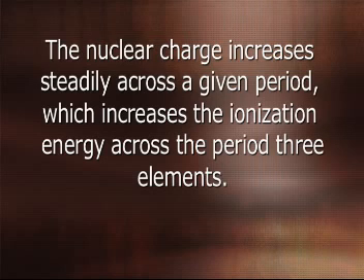In addition to this, the nucleus increasingly attracts each extra valence electron. This raises the effective nuclear charge and decreases the atomic size. This causes an increase in ionization energy across the period 3 elements.